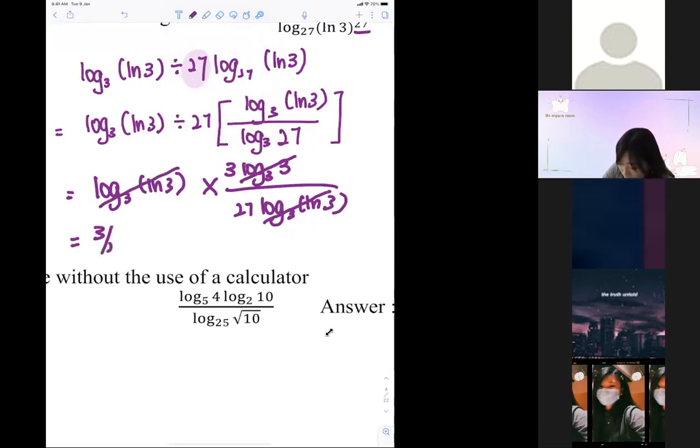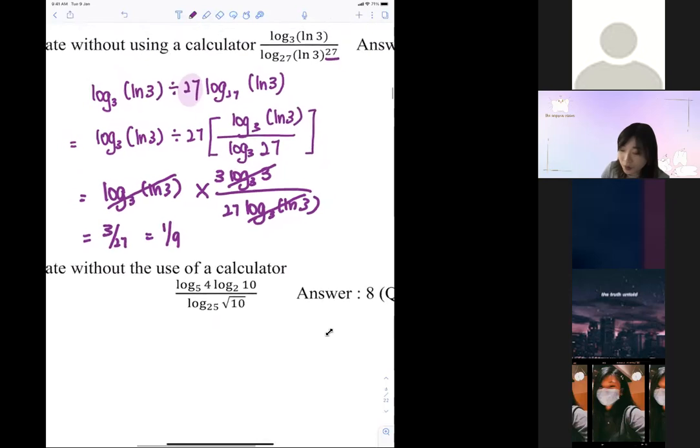I'm left with 3 over 27, 1 over 9. Everything okay so far?